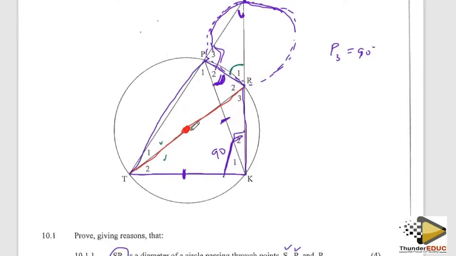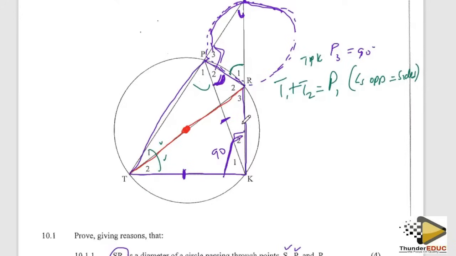Since they told us that TK is the same as PQ, I'll start by saying that T1 plus T2 is the same as P1. This one is going to be angles opposite equal sides, when I look at this triangle, in triangle TPK.